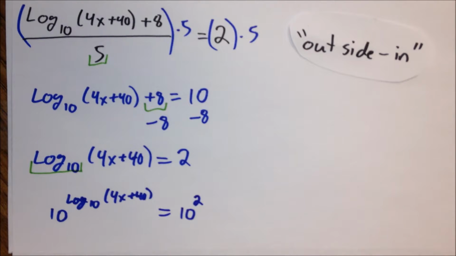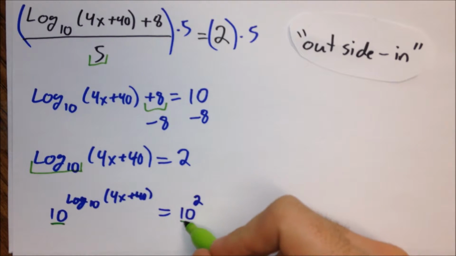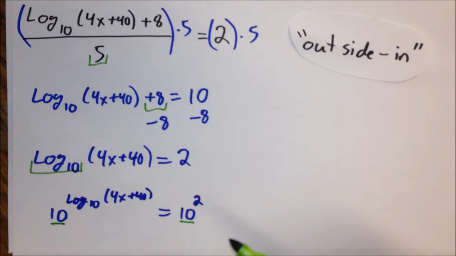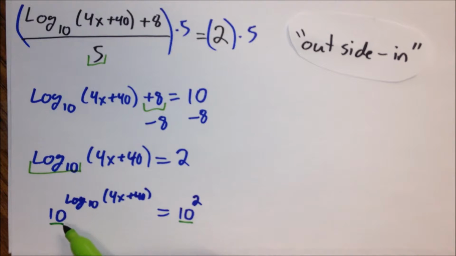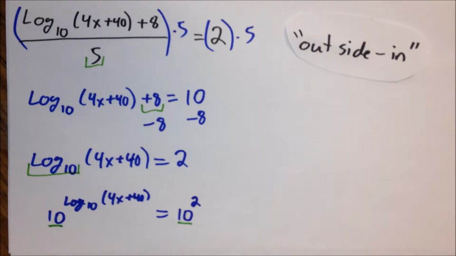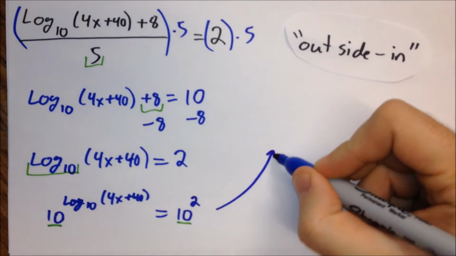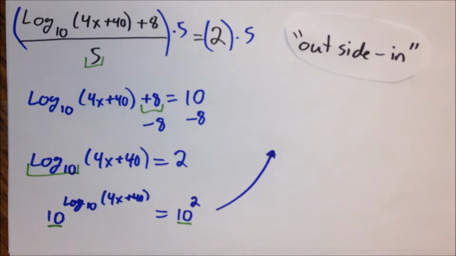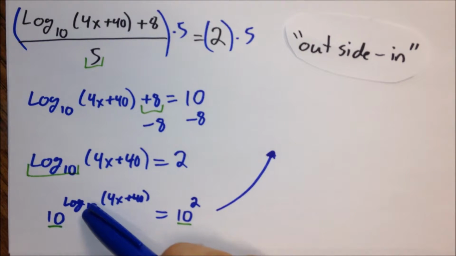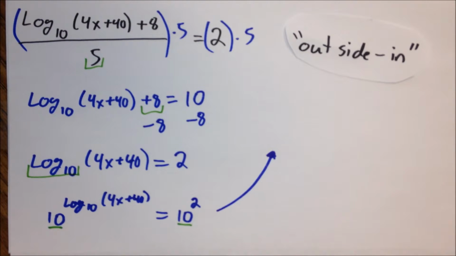Notice, in both cases, my 10, which is my exponentiation, went in the base, because that's what it means to use this exponentiation process, and what I originally had went up in the powers of both sides. Why do we do this? The reason we do this is because this 10 right here and this log base 10 are inverse operations of each other.